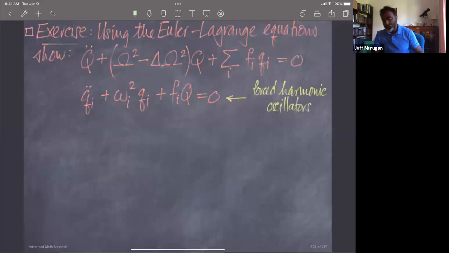In fact, there are n forced harmonic oscillators, and they're all decoupled, right? So there's a single forcing term involving Q, and there's n equations, and I can solve them all simultaneously.